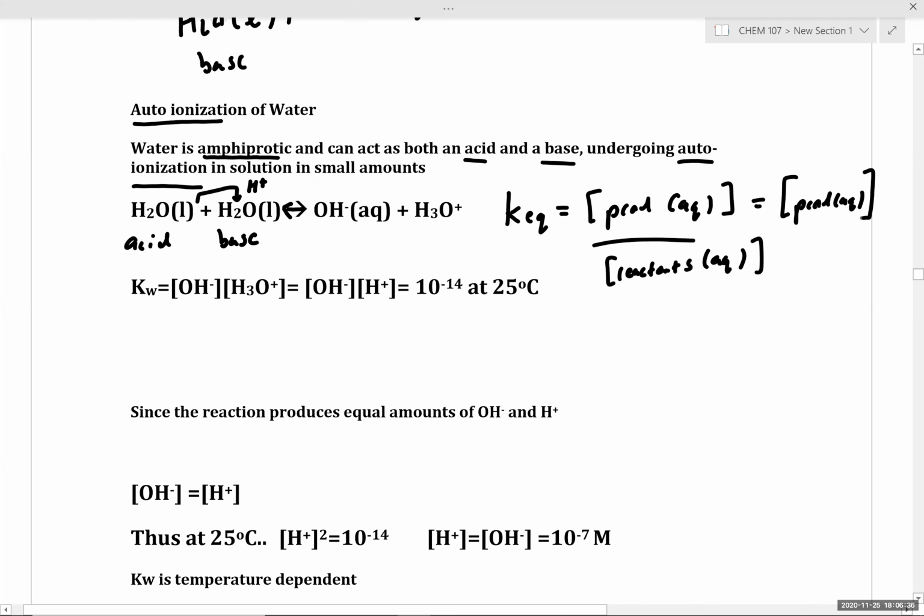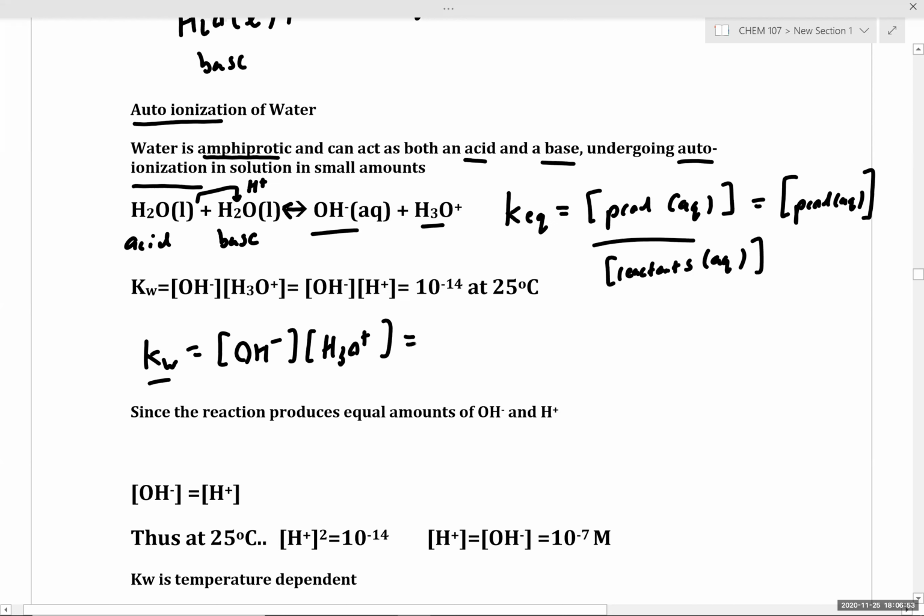Okay, so in this case, our two products are hydroxide and hydronium. So we can model the concentration of hydroxide and hydronium at equilibrium using the constant Kw.